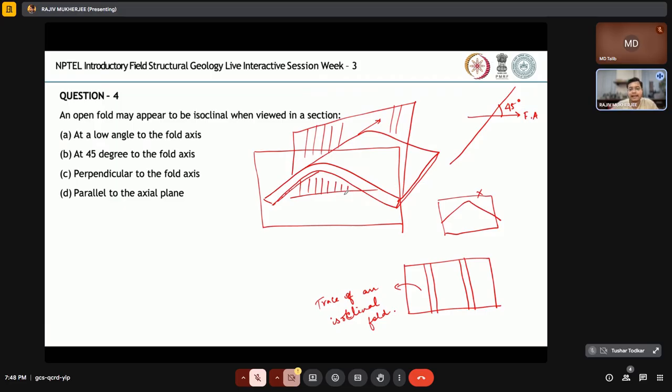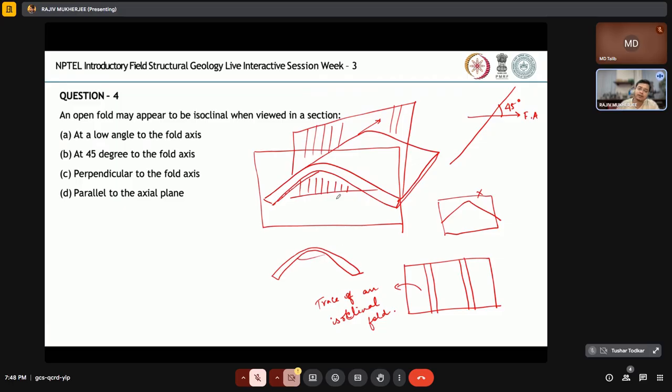then we will get even more opening towards more than what would seem in the profile plane. That means the interlimb angle would appear to be larger than what we would generally observe in the profile plane.